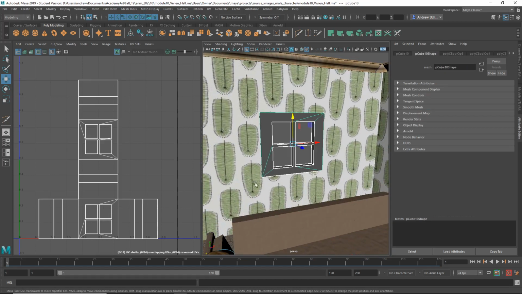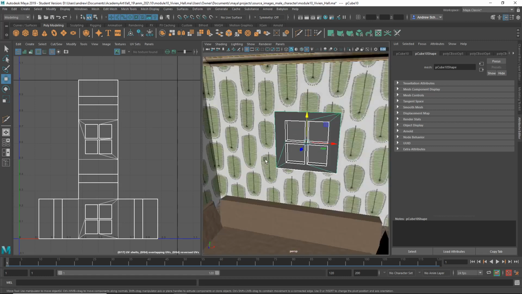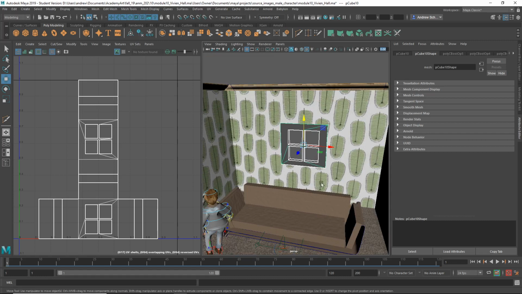The window frame is very thick. I'm not a fan of booleans as a way to model, but look at the proportions of a real window. They generally don't have this very thick frame on them, so try to get that more proportional.